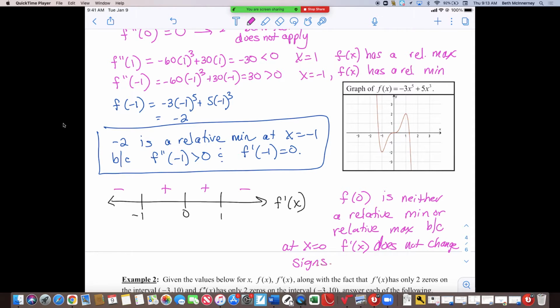Now that's not true in general, okay? This is not a generalization. Just because the second derivative test failed does not mean that it's not a relative extrema. Just in this case, it happened to not be.